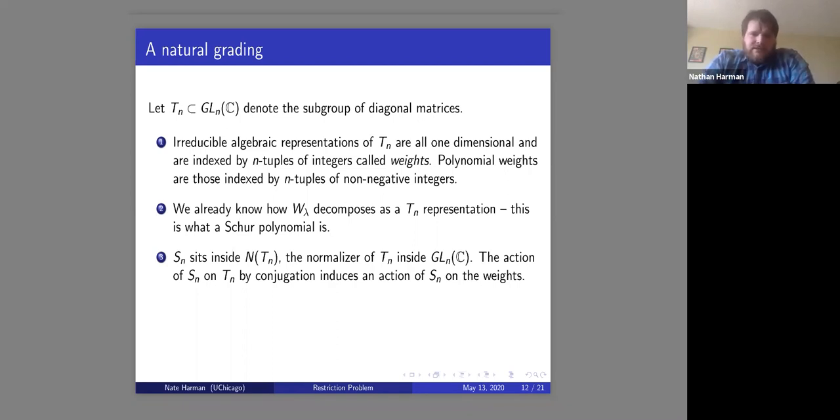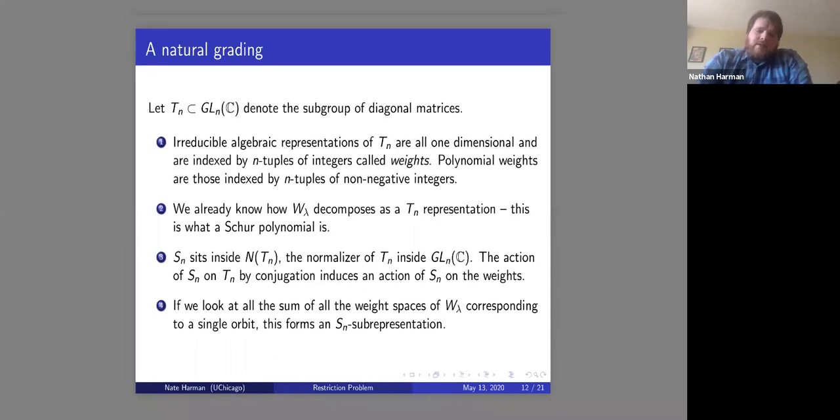All right, why is this helpful? This means that if we look at our polynomial representation W lambda, and we look at its weight spaces, Sn doesn't fix each weight space, but it permutes the weight spaces in some orbits. And if we look at the sum over an orbit, that forms an Sn subrepresentation.